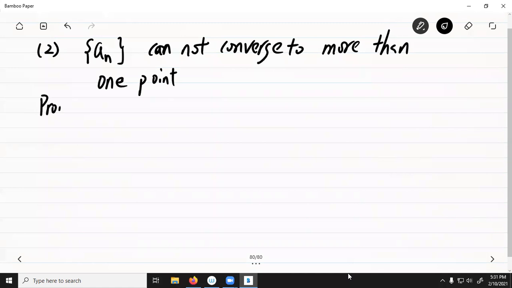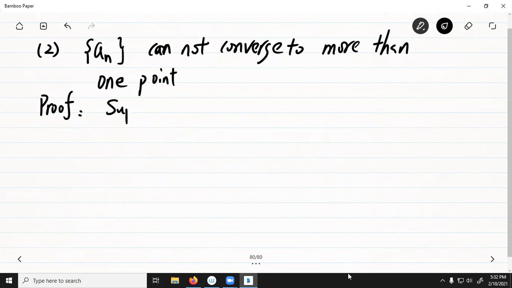So the proof, I will show you the proof here because this proof contains some techniques you will see in the future. Since the statement says it cannot converge to more than one, let's use contradiction. So we suppose it can converge to two numbers.